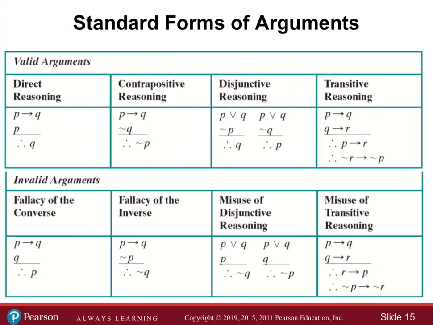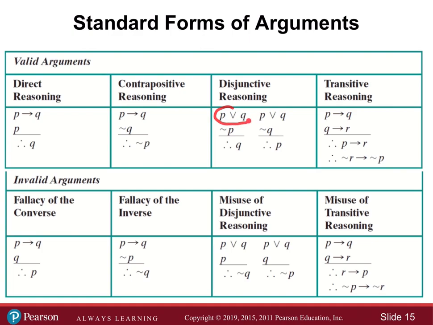Okay. So valid arguments. A direct reasoning: P implies Q. If P is true, therefore you would conclude that Q is true. The contrapositive: if P implies Q, and if not Q is true, therefore not P would have to be true. Disjunctive reasoning: if you have P or Q and not P is true, then you would conclude that Q would have to be true, right?